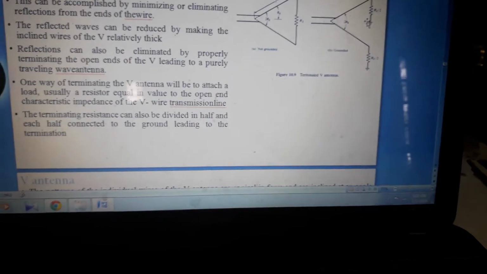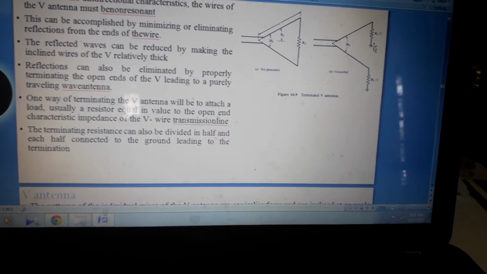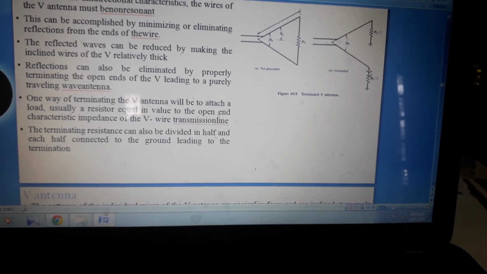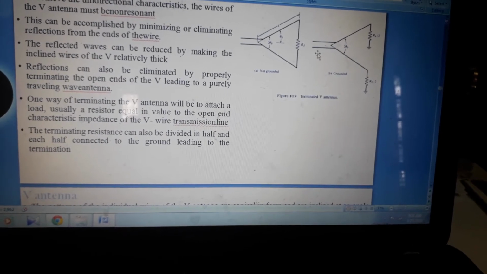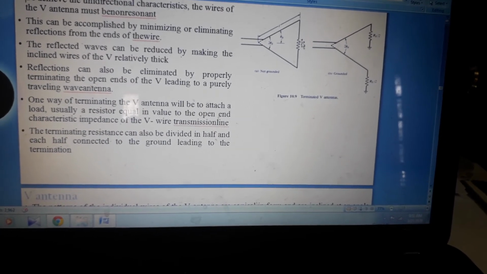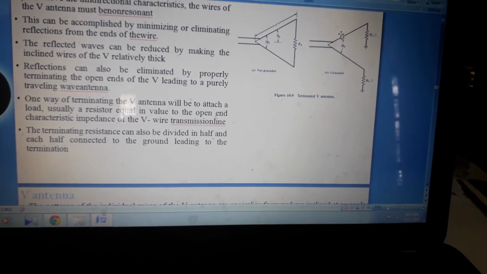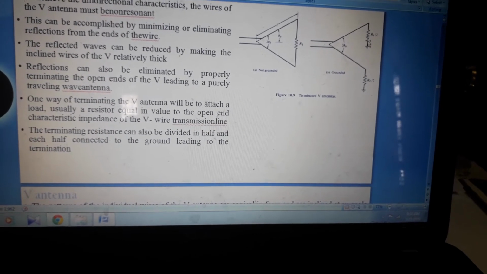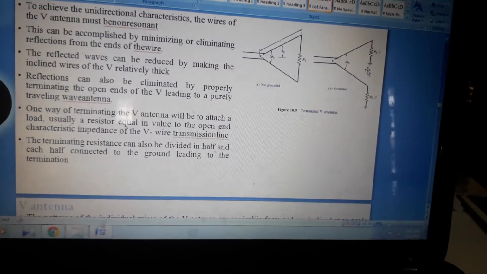We can see this terminating resistance is divided in half, and each half is connected to ground, leading to the termination. Both the cases are same.